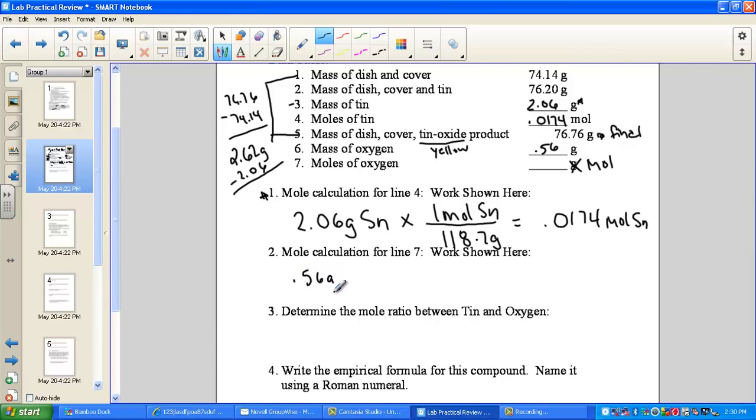This 0.56 grams of the oxygen that's combined with the tin needs to get converted to a mole. We always use atomic mass, not molecular mass, because it's not a molecule anymore, it's attached into a compound. So we use 0.56 divided by 16 for the oxygen's weight, and our number of moles that combined on are 0.035 moles of oxygen.